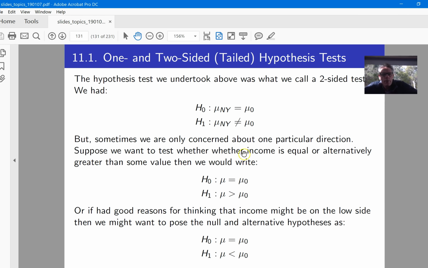So instead of the alternative being not equal to, if we believe it's possible that New Yorkers earn more, then we put it like this. If we think the more interesting thing is, are they earning less than the national average, we'd put it like that. So that reflects what your belief is about what might be true, a hypothesis or a question that you're trying to explore, and often that question is a one-sided question.